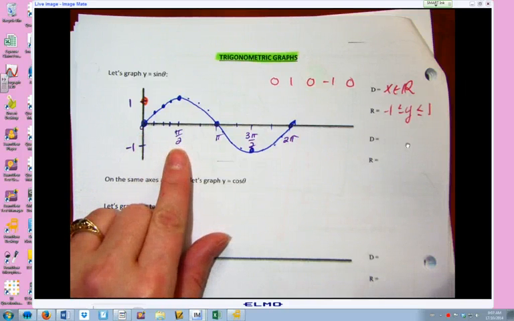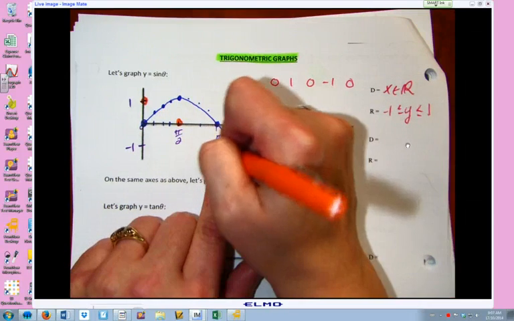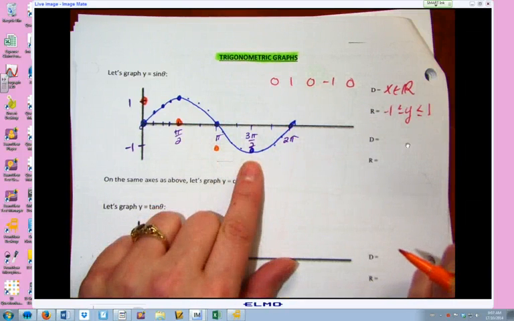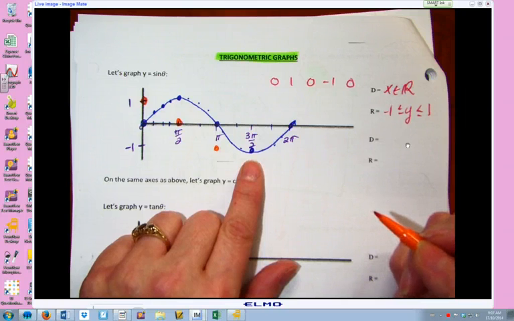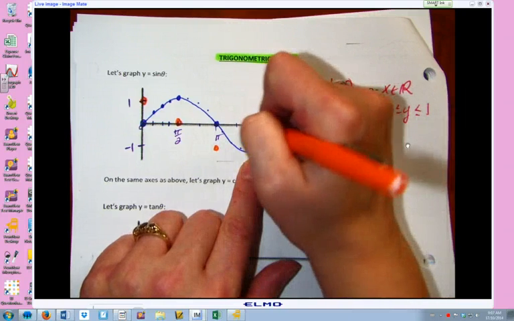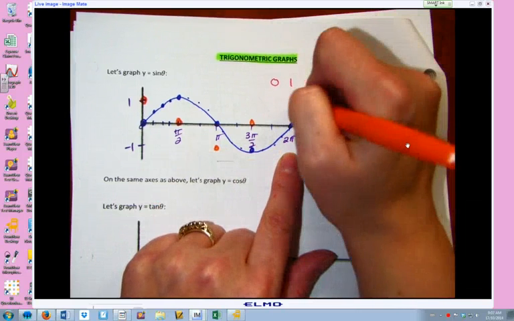Pi on 2, so top of the circle, 0. So pi, left-hand side of the circle. 3 pi over 2, I just felt like singing it in the song. 3 pi over 2, so bottom of the circle, 0. And we come all the way back around to 2 pi, and we're back at 1.